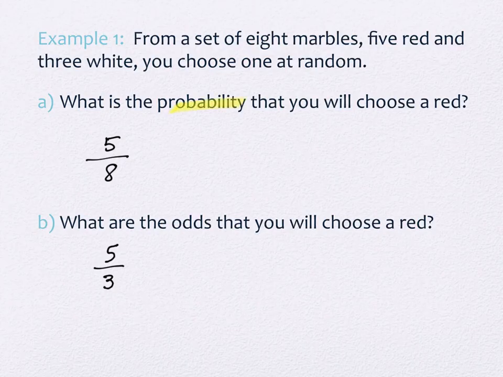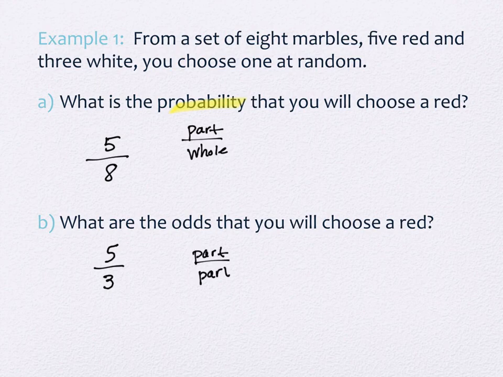Probability is a part to whole ratio. You're comparing the part to the whole. And odds is a part to part ratio. Specific kind of part to part, right? Part to not part, almost like that, but it's still a part to part ratio. So the comparisons are much the same as the things we've seen before, but they're presented with this phrasing as odds.